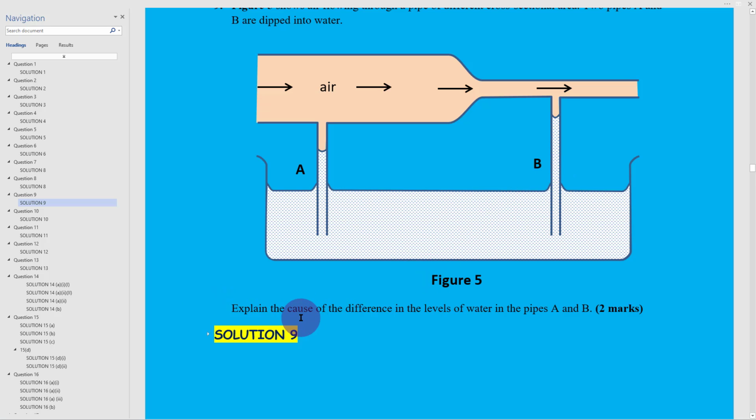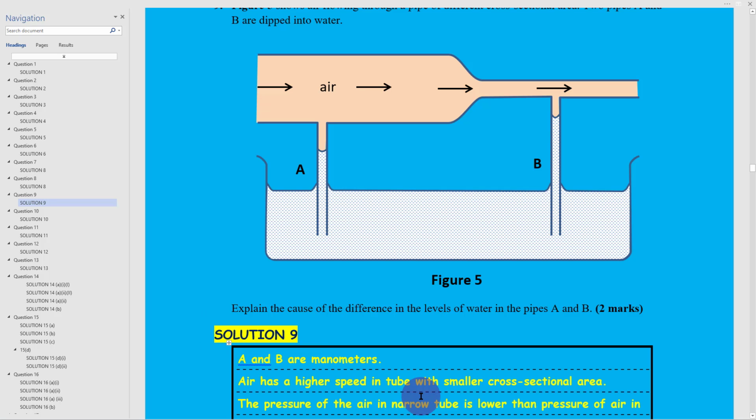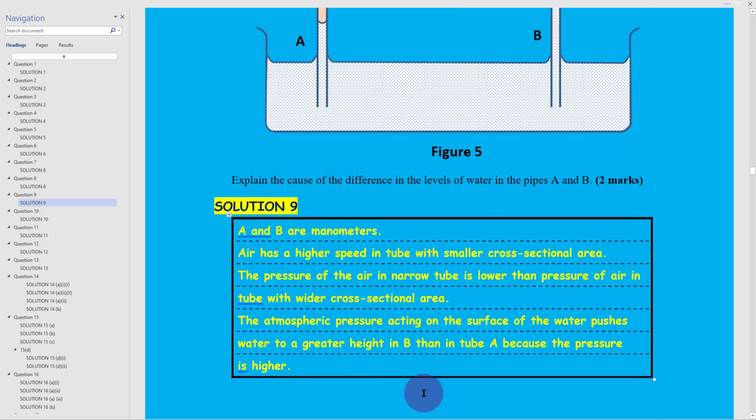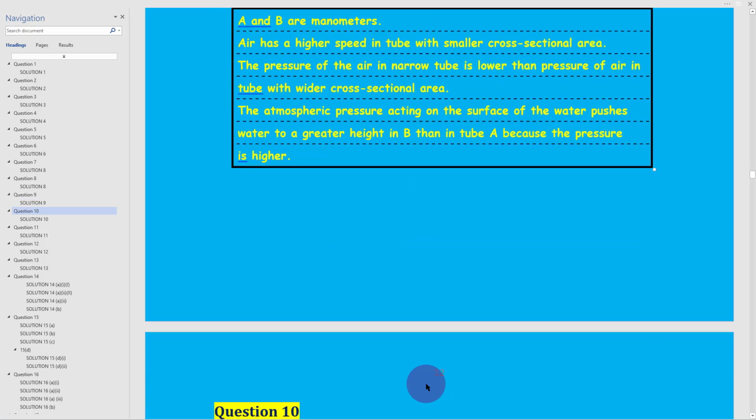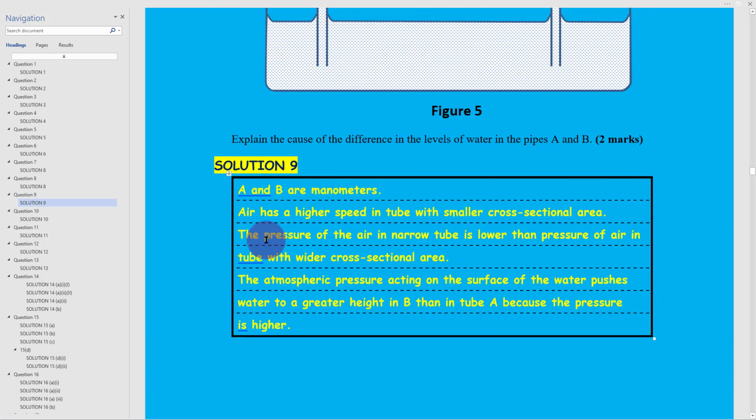That is the explanation I would give for the difference in the levels of the water in A and B. However, let's look at the solution that I have written here for you. Let's read it together. A and B are manometers. Air has a higher speed in the tube with smaller cross-sectional area.